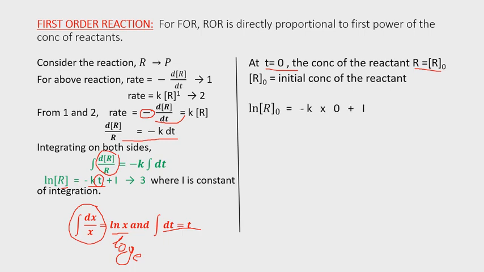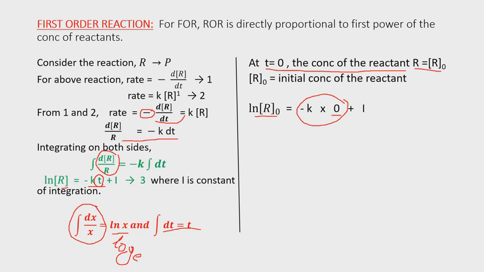So ln R naught equal to minus k into 0 plus I. Why are you getting R naught? Because when t equal to 0, the concentration of the reactant R is equal to R naught. Minus k into 0, the whole term should be 0. So finally I equal to ln R naught.